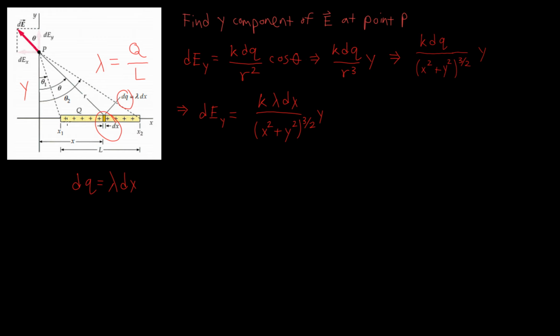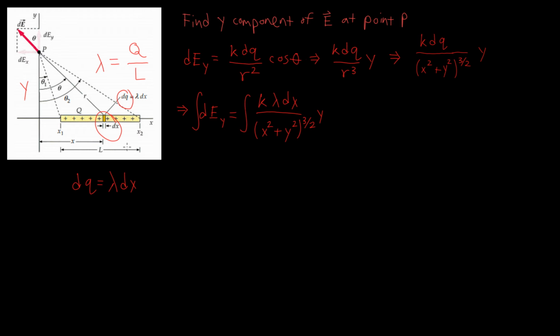But we want the electric field in the y direction due to the entire charge from x1 all the way to x2. And in order to solve that, we would actually need to integrate both sides.